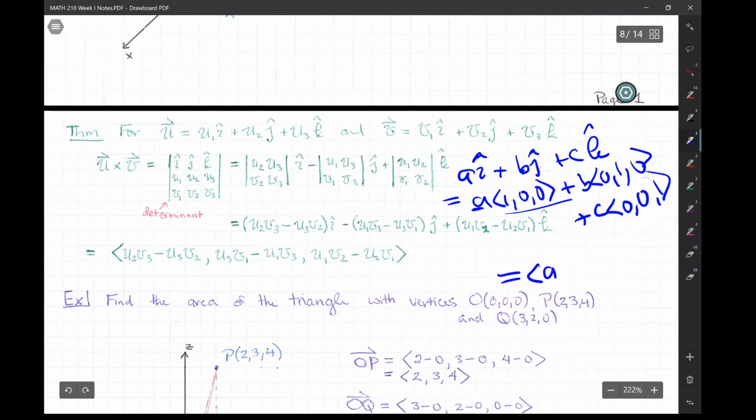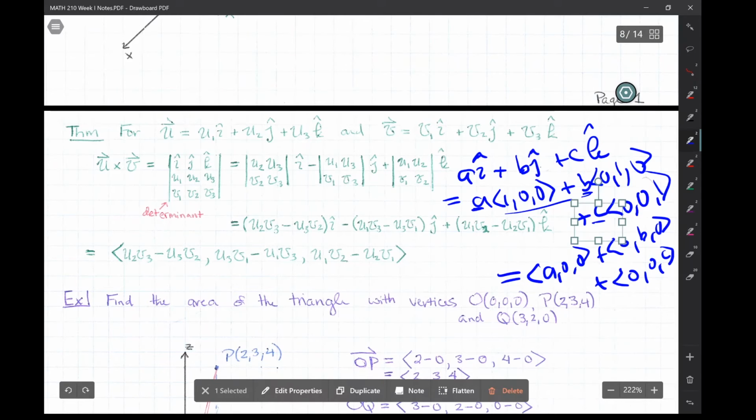You're going to get a 0 0 just from scalar multiplication. Do the same thing with that second one. You're going to get 0 b 0, and then c is going to be 0 0 c, again because you just have to distribute. You could think about it as distributing the c into the vector there. So you're left with adding, okay?